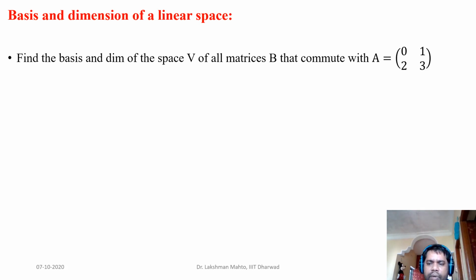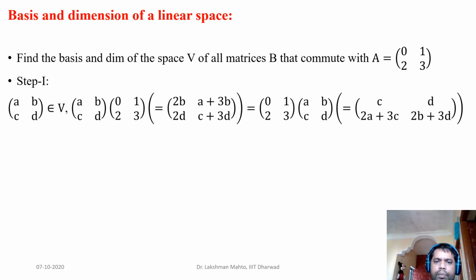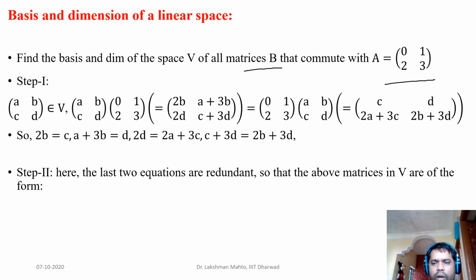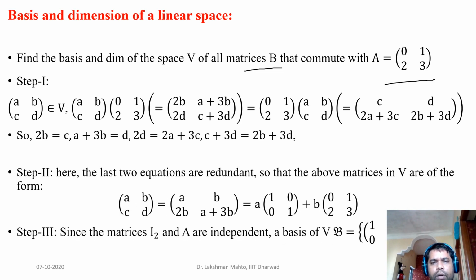We have the same question here: find the coordinate transformation for V. V is the collection of all 2 by 2 matrices which commute with A. A is given here, and the basis of this vector space has only two elements: the identity matrix and the matrix A itself, which defines V.